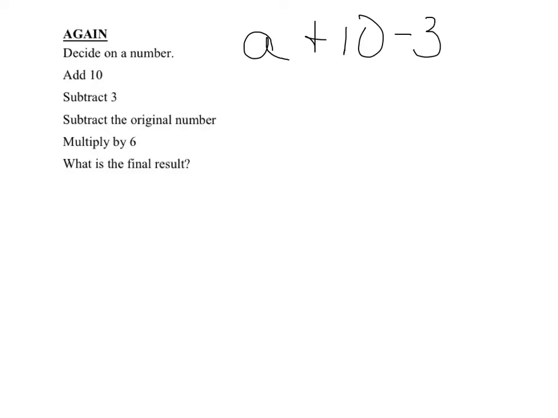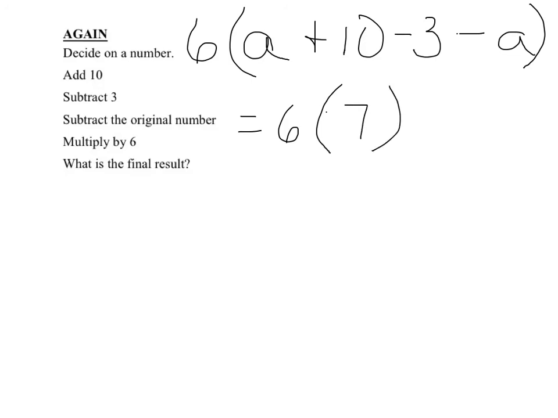And then subtract the original number, A. Then I have to multiply all of this by 6. So I'm first going to clean up using the order of operations inside the parentheses. So the 6 is just going to hang out. And I'm left with A minus A, which gives me nothing. 10 minus 3 gives me 7. And this will always simplify to 42.